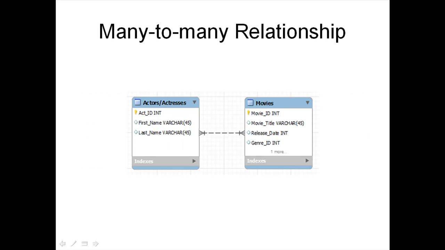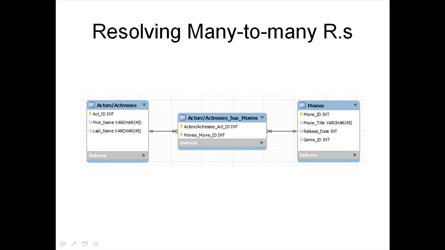So what's the solution? The solution is to simply divide the many-to-many relationship into two one-to-many relationships by introducing a join table. The table in the middle in this diagram is a join table since it joins the two tables.